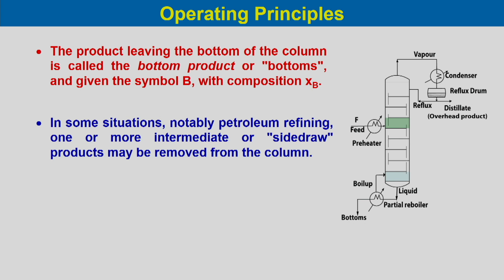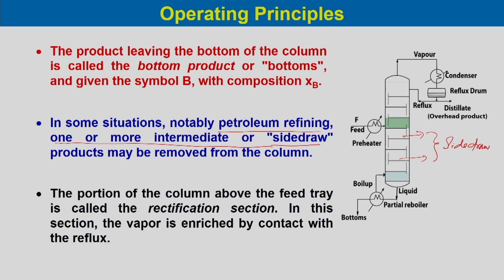In some situations, notably petroleum refining, one or more intermediate or side draw products may be removed from the column. So, in general for a petroleum refinery, a product taken out from the side is called a side draw.